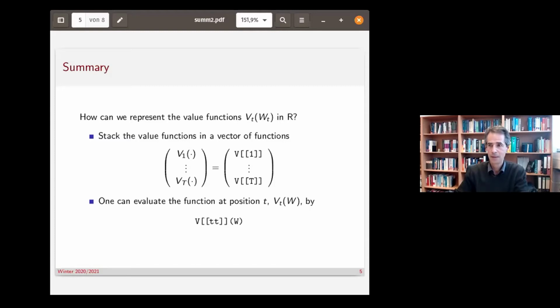Would that produce an error, or would R know, okay, I go through all the elements and give you a list of numbers, if the V objects are suitably usable? So the question is, what would happen if I drop the double bracket notation and just type V of W?